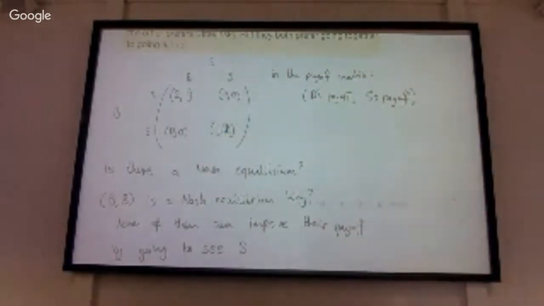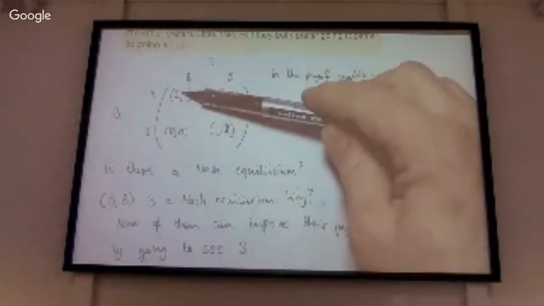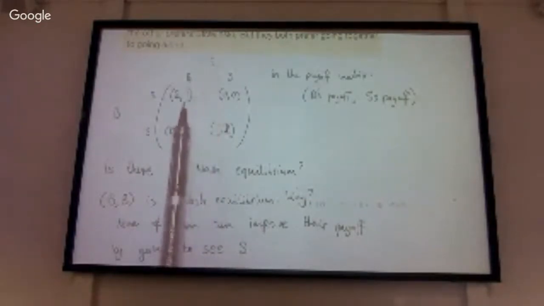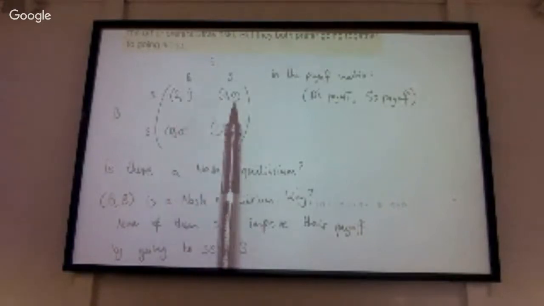So they're not better off. So the row player, by switching from B to S, does not improve their payoff. And it's the same for this player. Currently their payoff is 1, but if they go to the other concert, their payoff is going to go down to 0. So they don't want to do that.